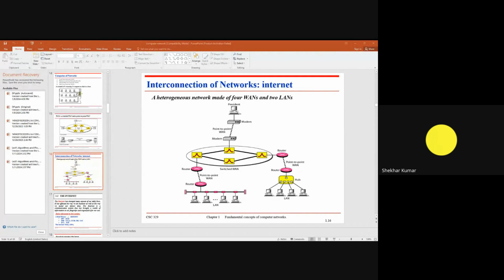The largest and most well-known example of the WAN is your internet. So WAN is used to connect the LANs and other types of networks together, so that users and computers in one location can communicate with another one.